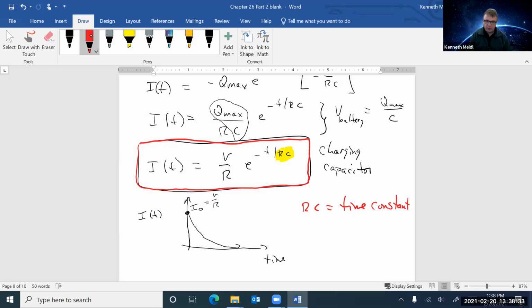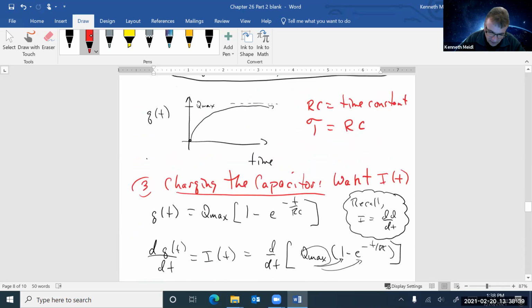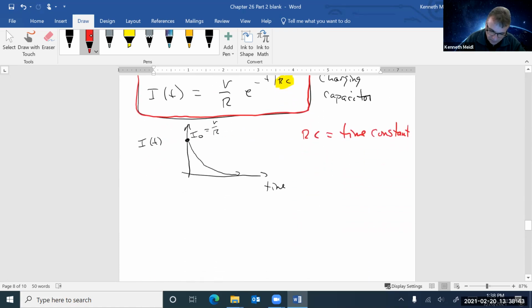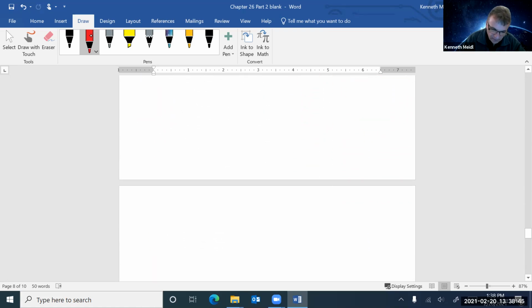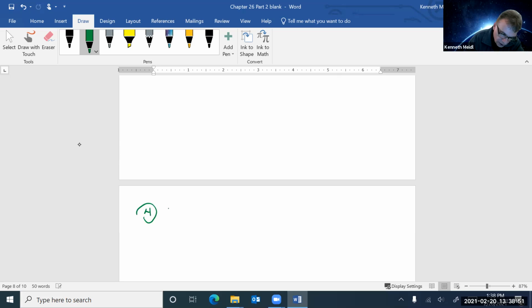And so that might be worth looking at here. And so, let me see, I called this charging the capacitor, number 3. So let's go down here and let's call this number 4. Let's discharge the capacitor and see what happens.